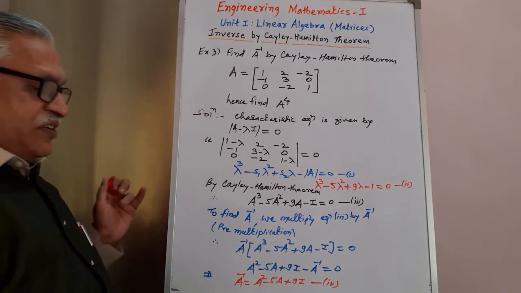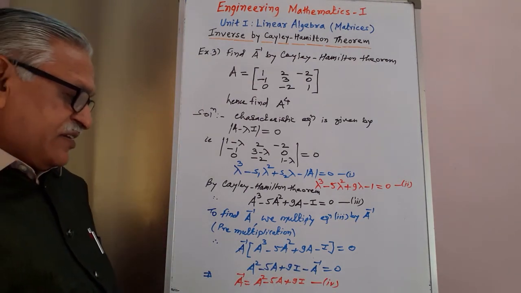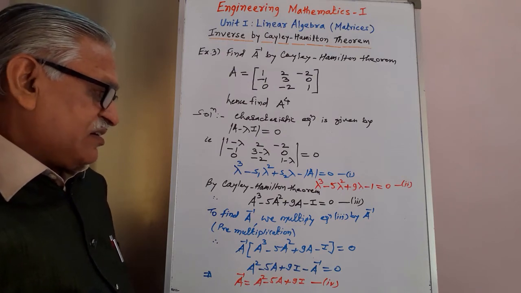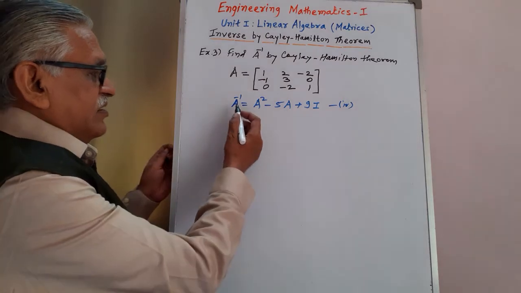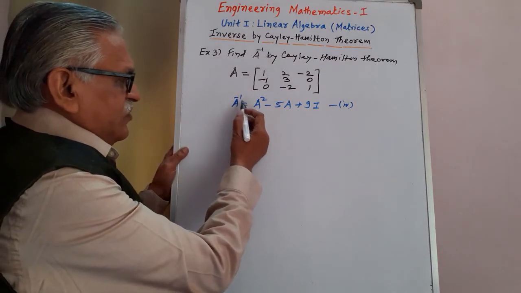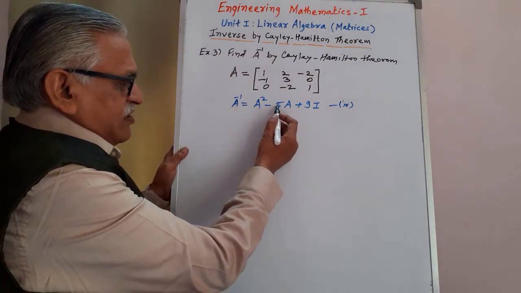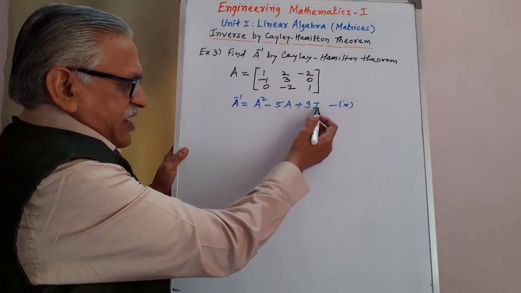And using this equation 4, we get the required A inverse. Equation number 4, A inverse is equal to A square minus 5A plus 9I.